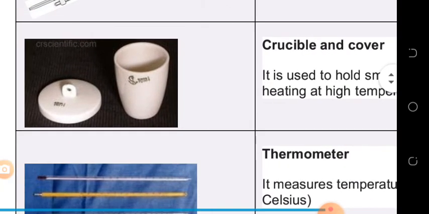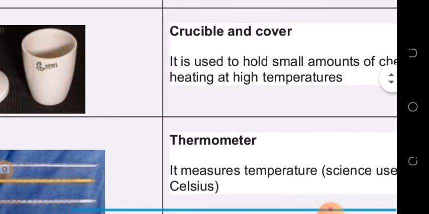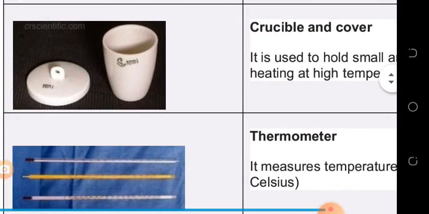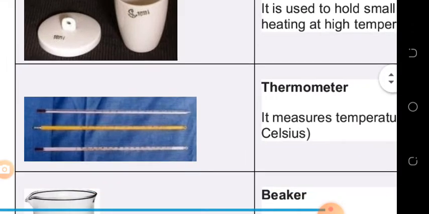Crucible and its cover hold small amounts of chemicals while heating at high temperatures. So that cover, when you want to heat a substance, for example, during preparation of soluble salts, you put it in the crucible, you heat and you cover it so that the water can evaporate and you remain with the viscous salt.